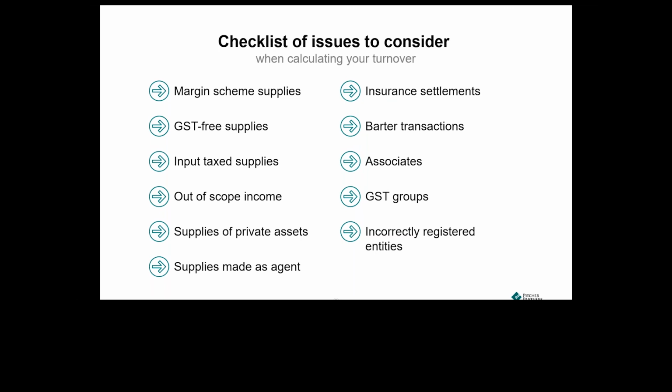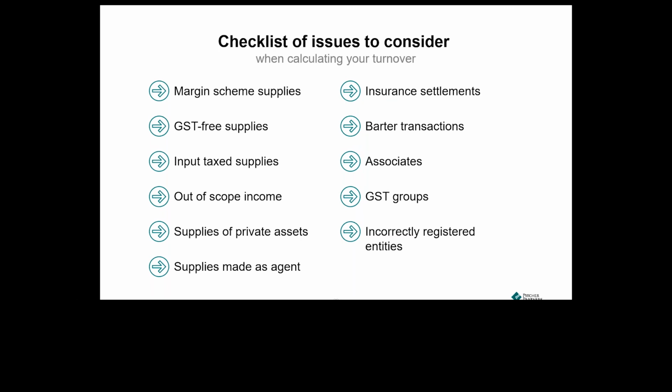So even though a GST group for normal GST reporting purposes is treated as one entity, and you ignore any supplies made between the members of the GST group, for JobKeeper 2.0 purposes, and in fact JobKeeper 1.0 purposes as well, those supplies from that employer to other members of the GST group must be included within the employer's turnover.